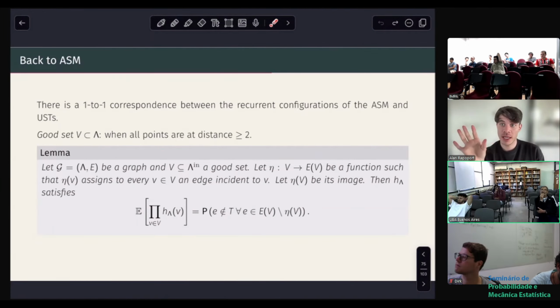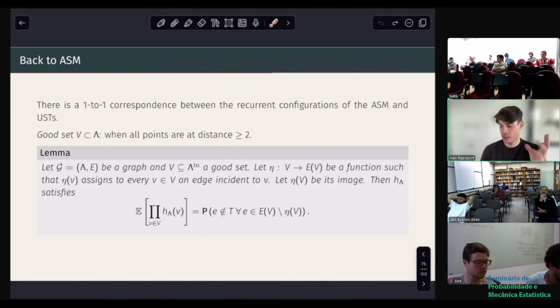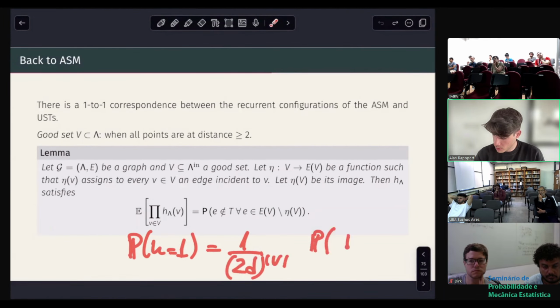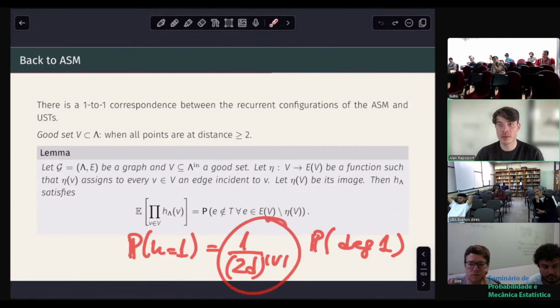You can have a leaf, and not necessarily the height will be 1, but you are able to relate the probabilities of having on the one hand height 1 and on the other degree 1. In particular, the probability of height 1 is equal to 1 over 2d times the probability of degree 1. So it's not the same, but it's related by this constant.